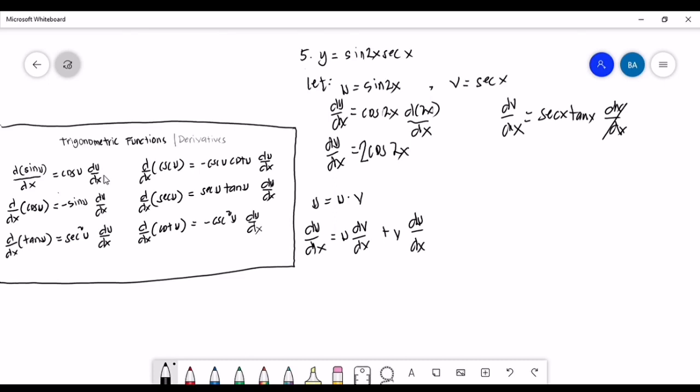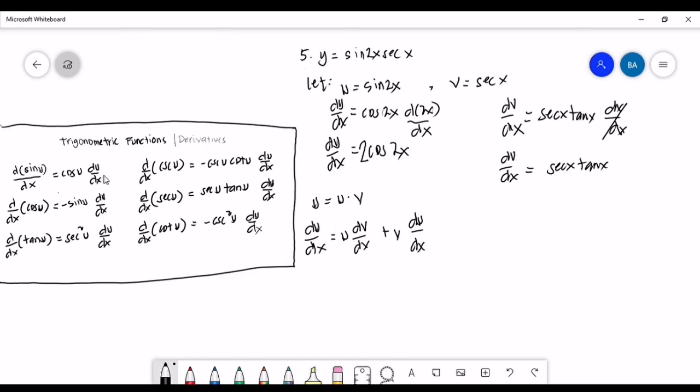But here, the angle of our secant is only x. That is why we stop at dx over dx, because there is nothing left to derive. So overall, we must stop at the point where our derivative is already equal to 1, as stated in the chain rule. So our dv dx is equal to secant x tangent x.